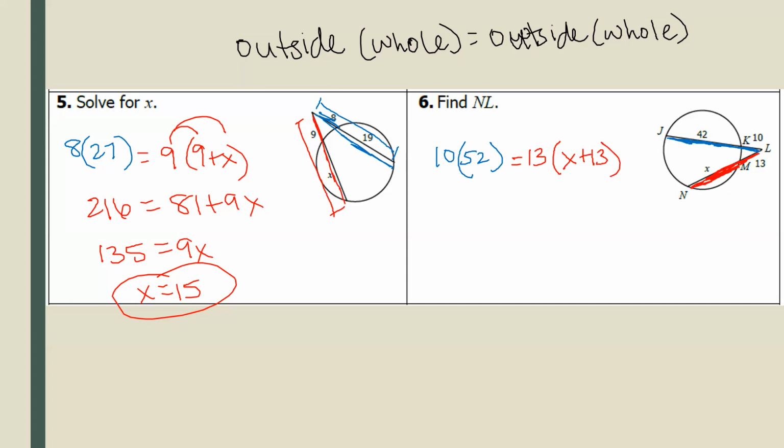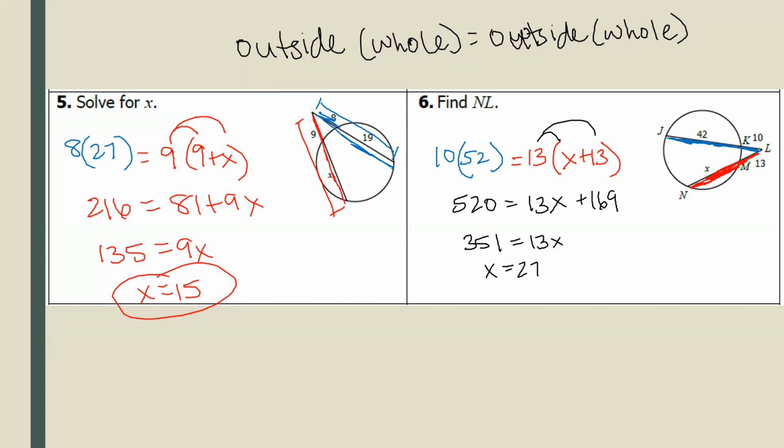And now we can solve for x. So we can say, all right, well, 10 times 52 is 520. Distribute your 13, 13x plus 169. Subtract 169 from both sides. And divide both sides by 13. So we get x equals 27.